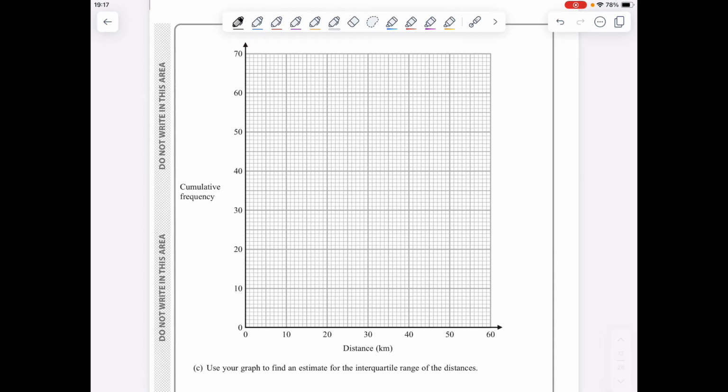In part B, I need to plot the points and draw the cumulative frequency diagram. Here are the points, distance on the x-axis, cumulative frequency on the y-axis. Let's join them either with a smooth curve or using line segments. I'm going to go with method 2.